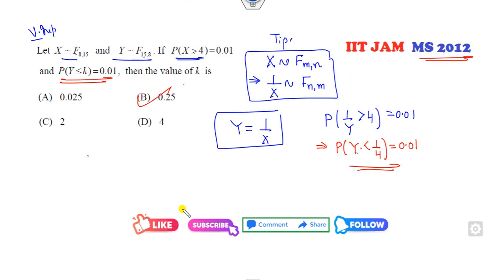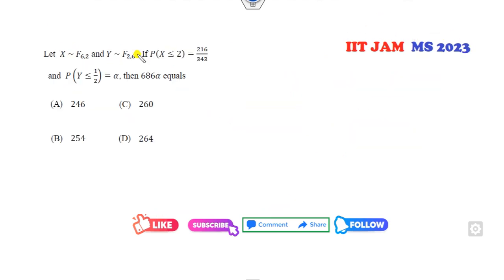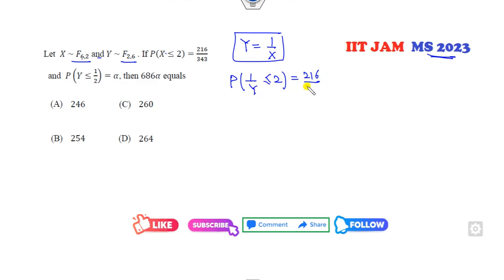Again you can see that it was in 2012, it was in 2020, and now the same kind of question is asked in 2023. So what do you conclude? Y is nothing but 1 over X. I can substitute here. So 1 over Y is less than or equal to 2, my 216 over 343. So I can find the value of Y. Y is greater than or equal to 1 over 2, which is 216 over 343. Now I need the less than of this.